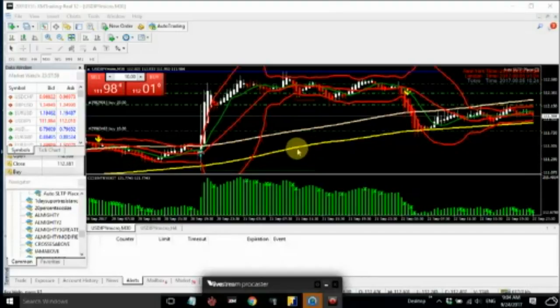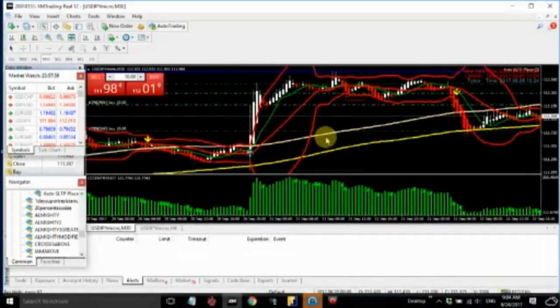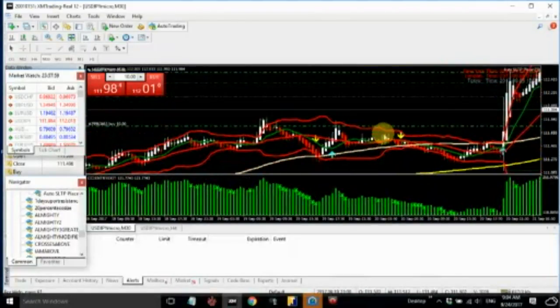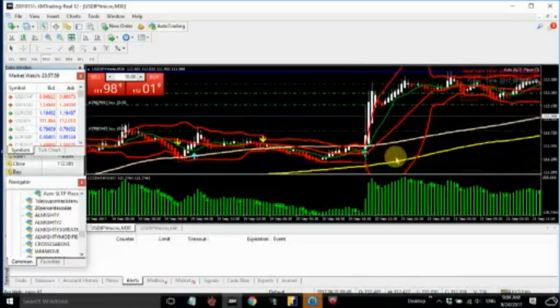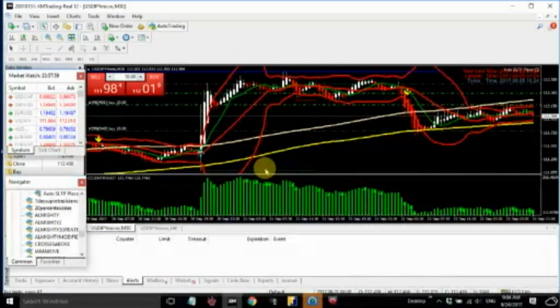When you take a look at the price, you see that the price separates from the moving average 200 and later comes back to it. When you're using the 15-minute chart or 30-minute chart, the price separates from the moving average 200 but must surely come back to it.